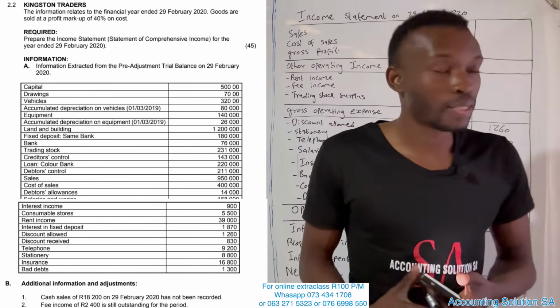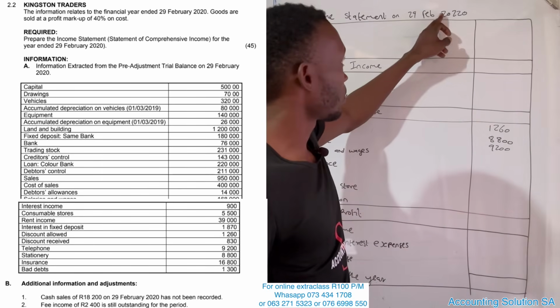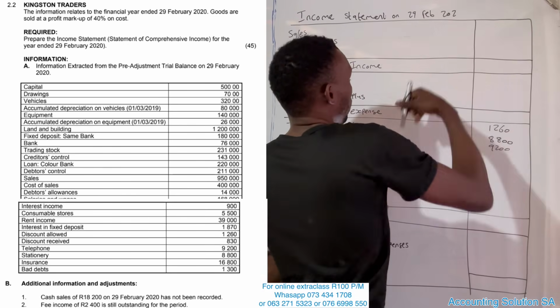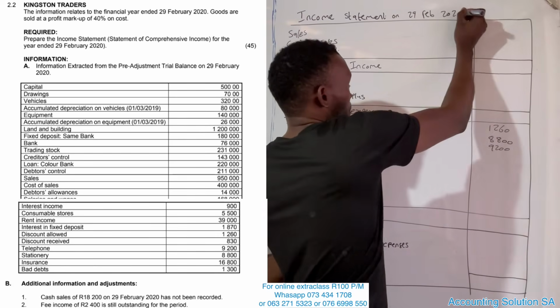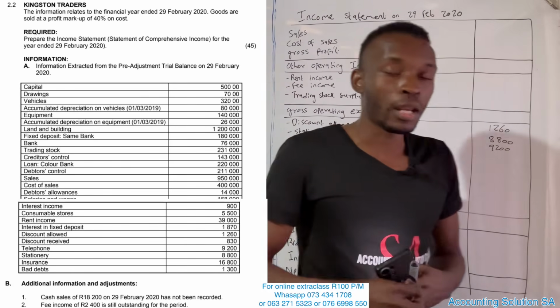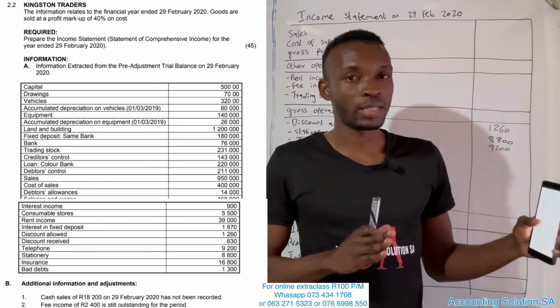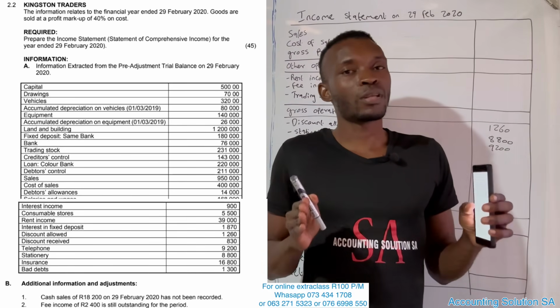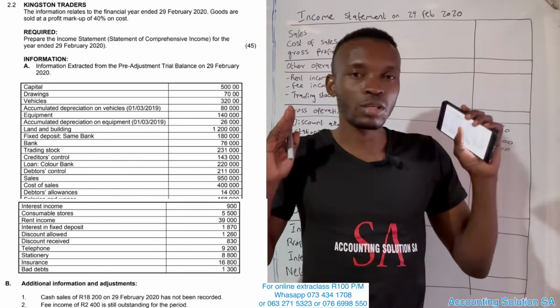So our year is ending 29 February 2020, which means it started last year, 1 March 2019, because a reporting period must contain 12 months. The income statement principle says everything must be recorded for 12 months, whether it was paid or not.